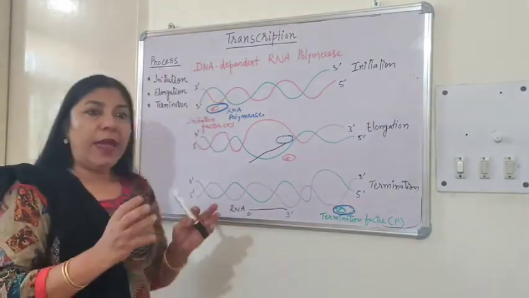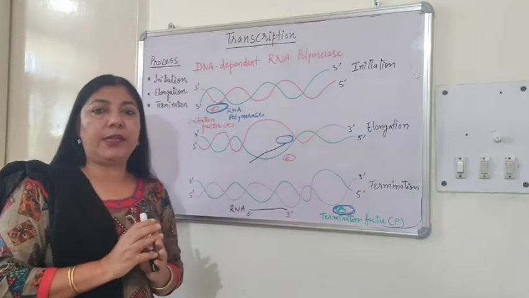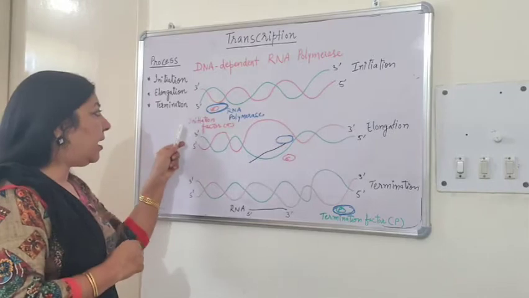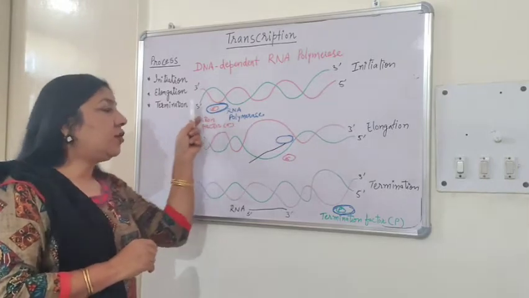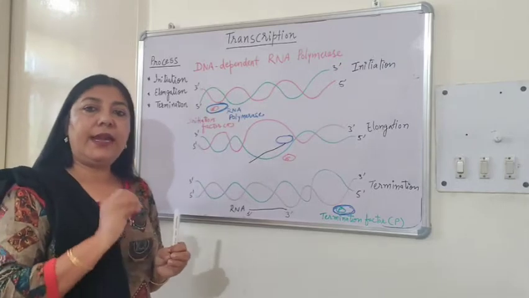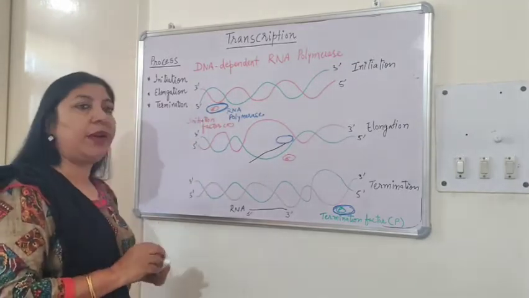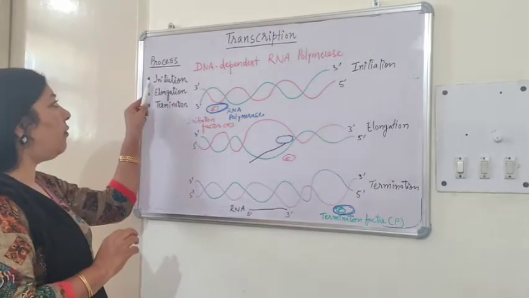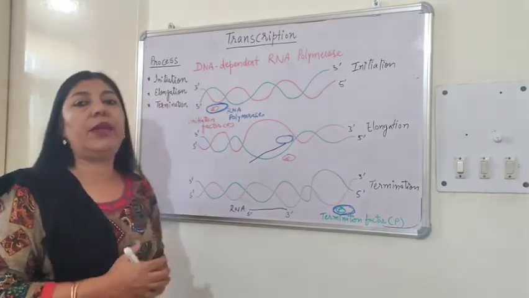When this RNA polymerase finds the promoter, there is an initiation factor which is called the sigma factor. It binds to the RNA polymerase at the promoter site, and the process of initiation begins.